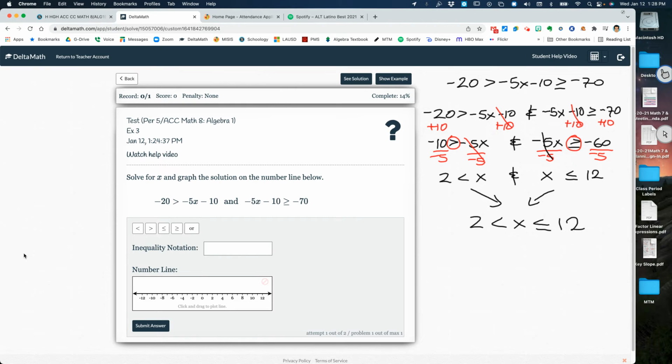Okay. It takes a little more work doing it this way. I think it would have been quicker if we would have gone with that first inequality, but it's good that we see both of them. Okay, let's write down this answer. 2 less than x is less than or equal to 12.